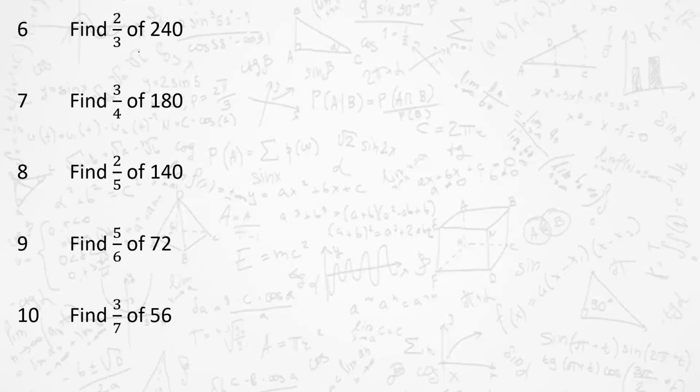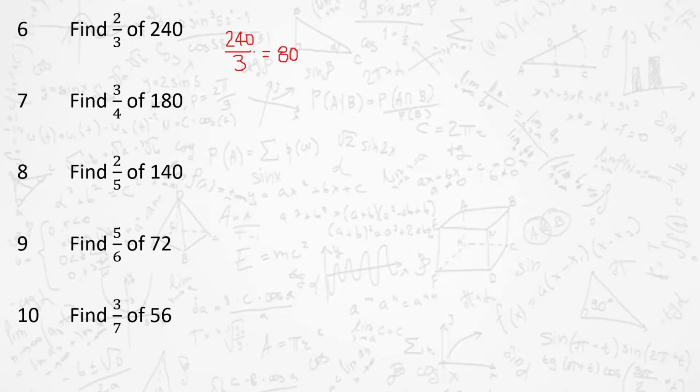First, we need to find 1/3 of 240 by dividing 240 into 3 parts. That gives us 80, because 3 times 8 is 24, and we have a 0 there.